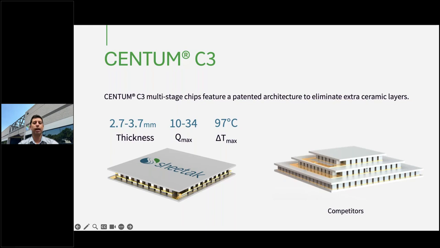With this design, we deliver a higher delta T with higher cooling power and a larger cooling surface in a thinner device. This is a two-stage TEC performing like a three-stage TEC in the form factor of a single stage.